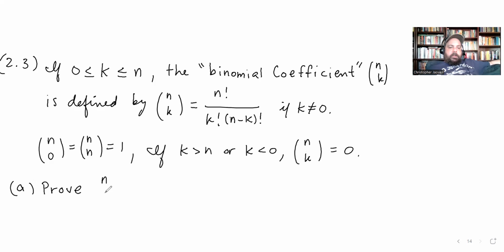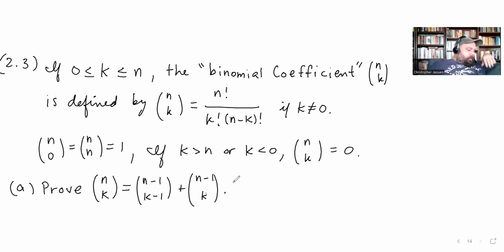So prove that n choose k is equal to n minus 1, k minus 1, plus n minus 1 k, choose k. Oh, I'm sorry, this should be n plus 1 here.